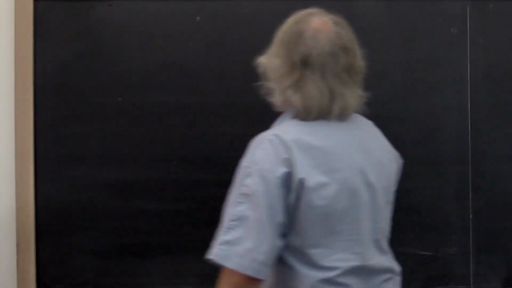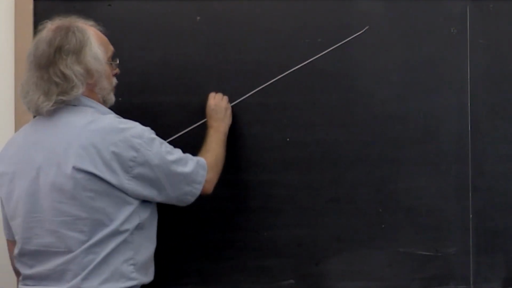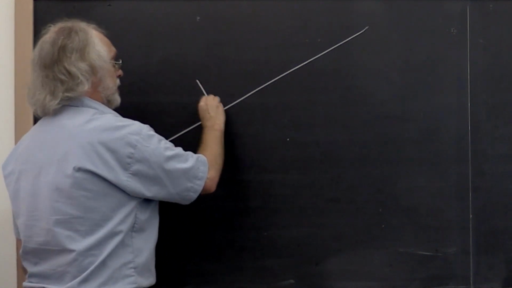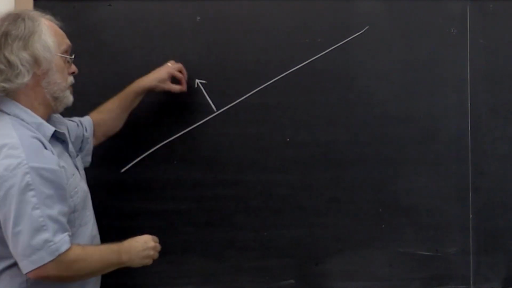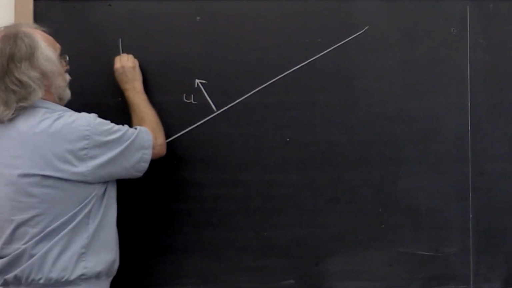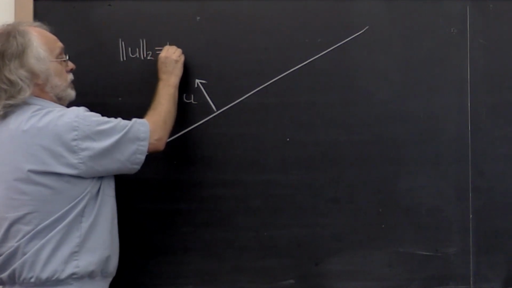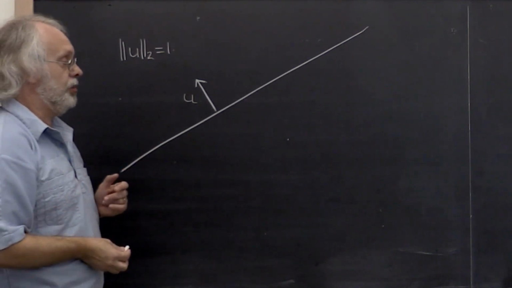What that means is that we can think of this as a mirror. We can think of this right here as being this joystick with which we control it. We can call it vector u, and for convenience we can say that vector u has 2-norm equal to 1. It has unit length.